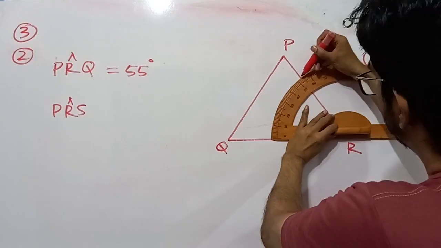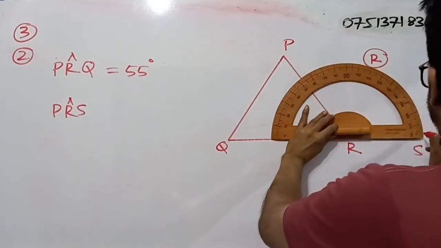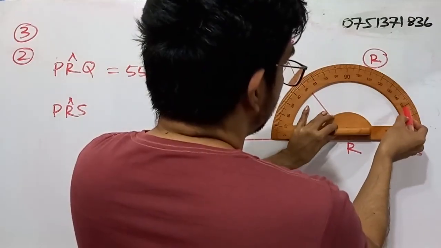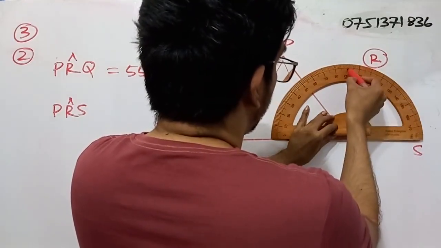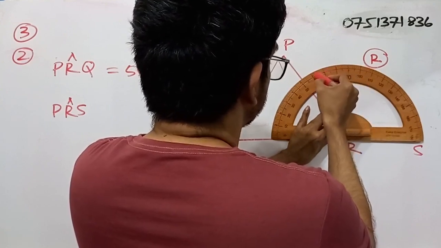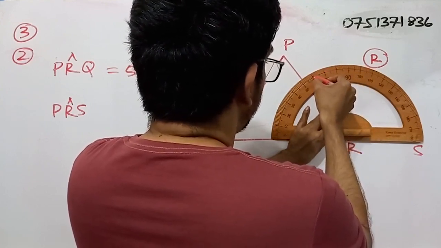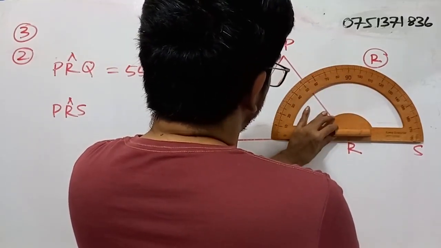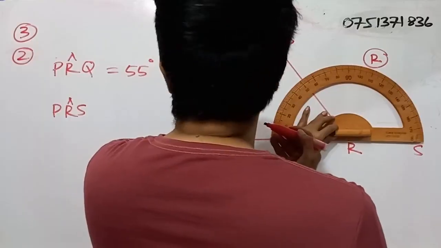So from this side, 10, 20, 30, all the way up to here, 90, 100, 110, 120, 128 something, no?